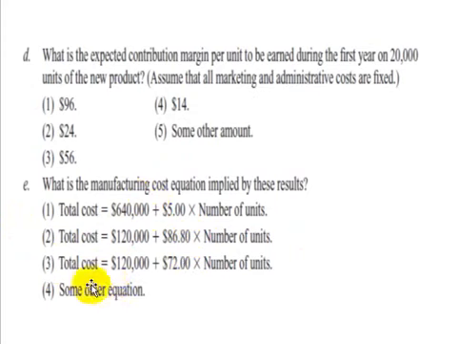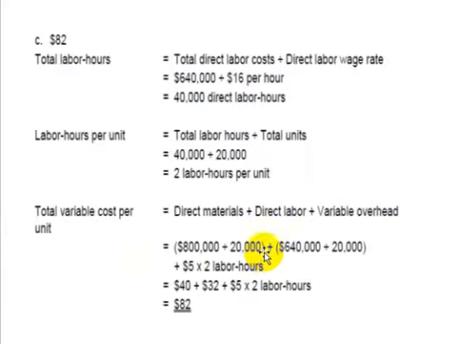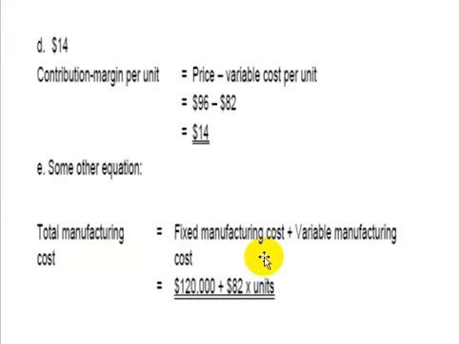The right answer is number 4, some other equation. You must determine the right equation. Total manufacturing cost equals fixed manufacturing cost plus variable manufacturing cost. The fixed equals 120,000 plus the variable equals 82 times number of units.